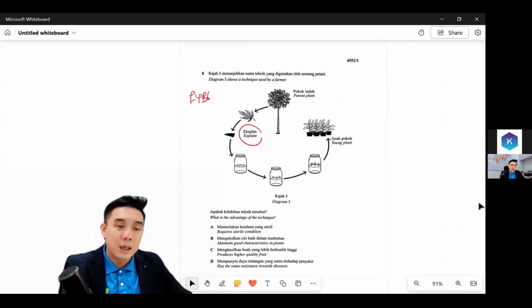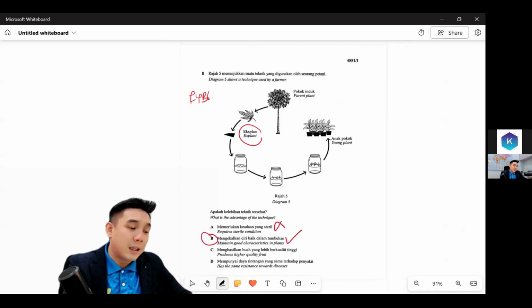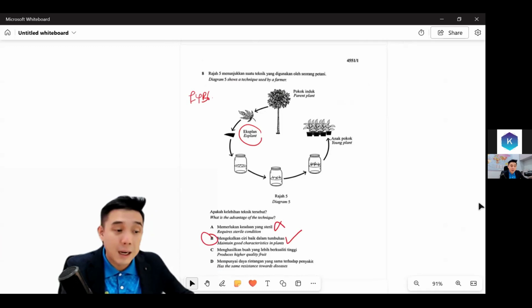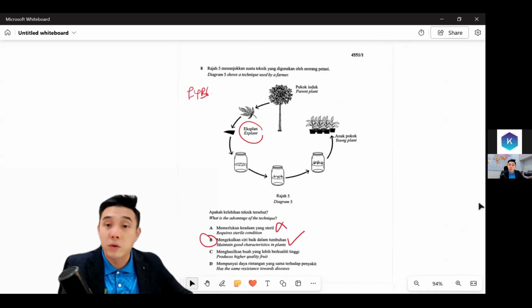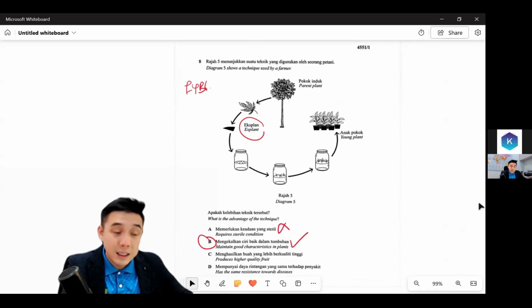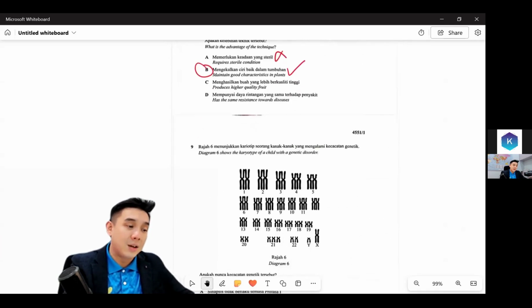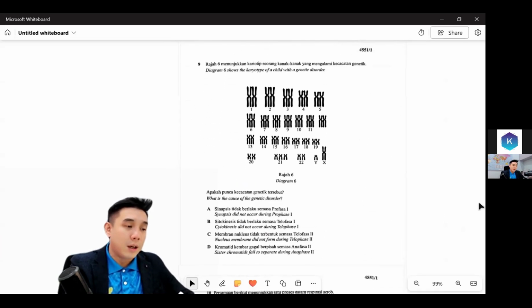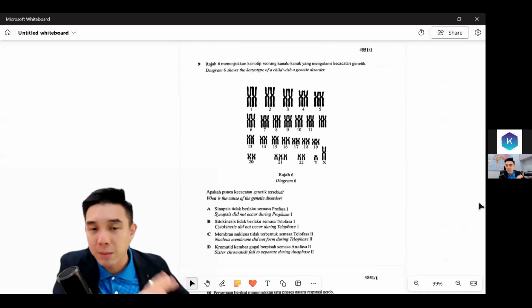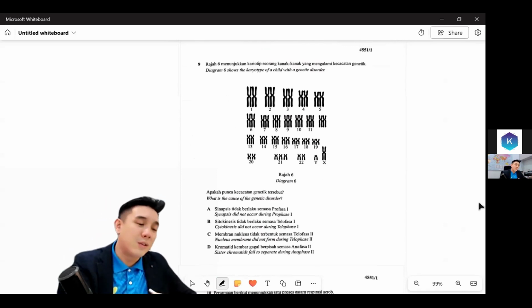So the advantage is not requires sterile; it is maintain good characteristics, because we can choose the desired trait or characteristic. Okay, number 8, B. Number 9, the moment you see this type of diagram, always look at 21, because high chance it is to do with Down syndrome.